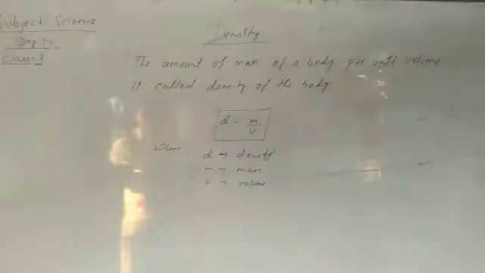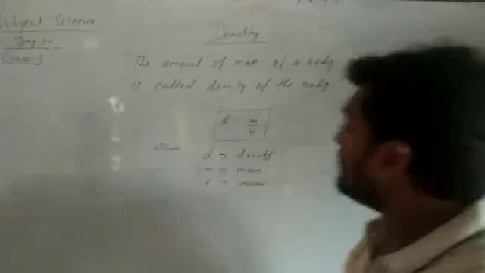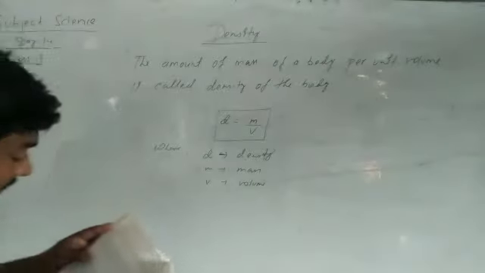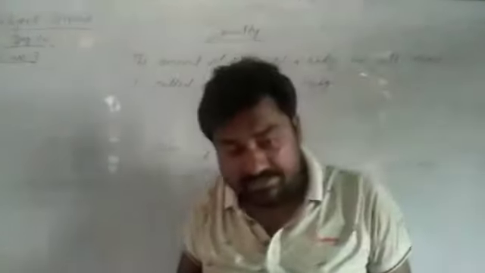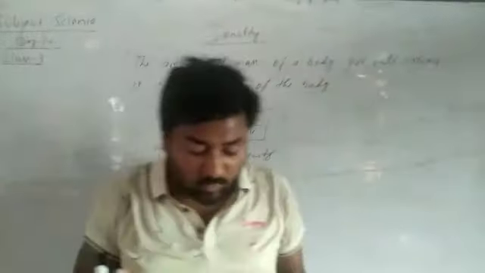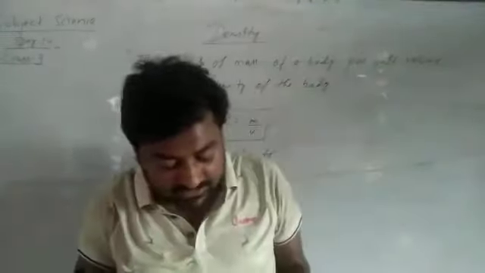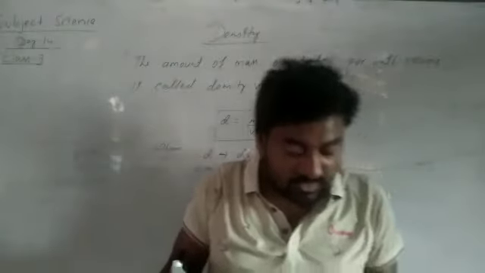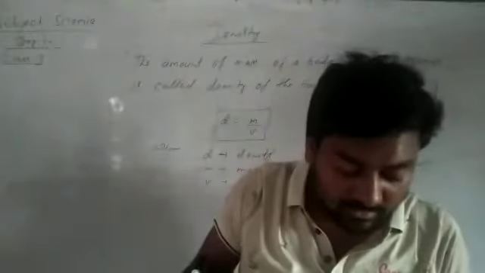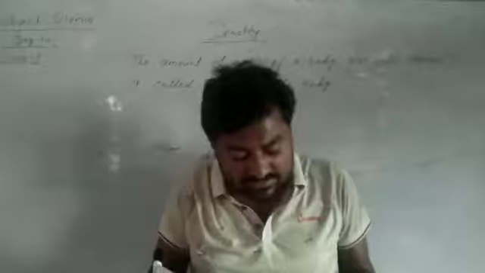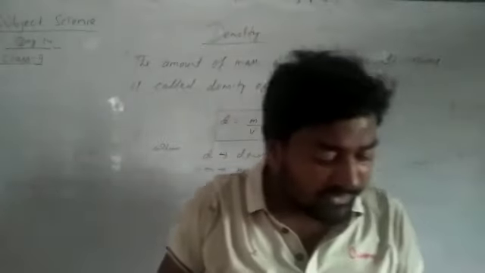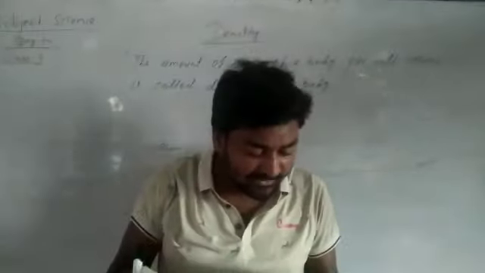Dear student, our next topic is density. Different substances in the same volume have different weights. Can you say why? It is because of the different densities of different bodies. A piece of wood is lighter than a piece of iron of the same size, because the density of wood is less than the density of iron.